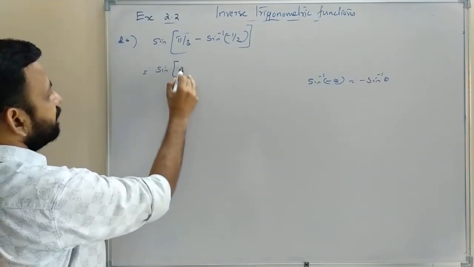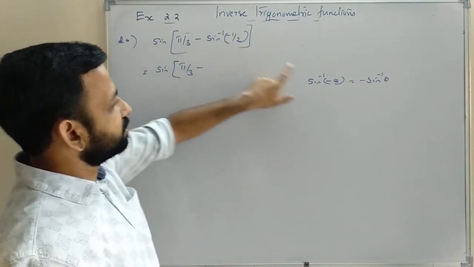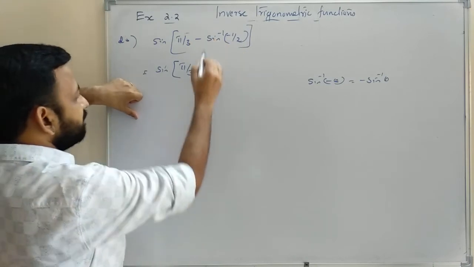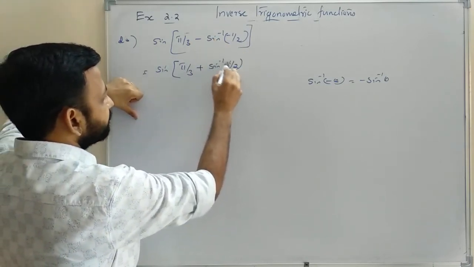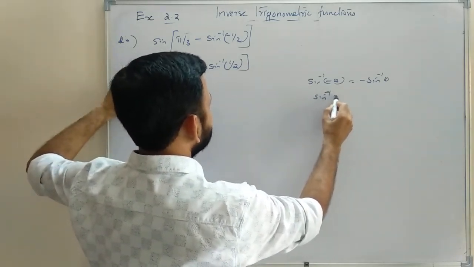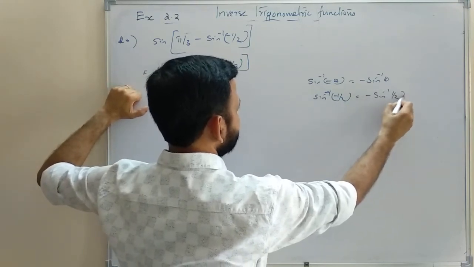Sin π/3 minus sin inverse minus 1 by 2 is equal to minus, minus sin inverse 1 by 2, because sin inverse minus 1 by 2 is equal to minus sin inverse 1 by 2.